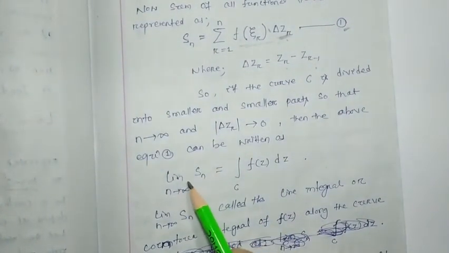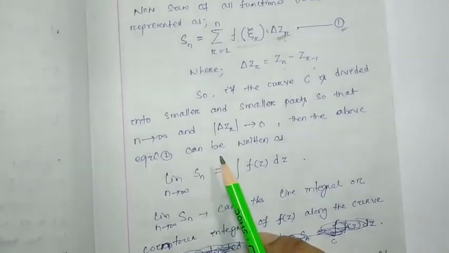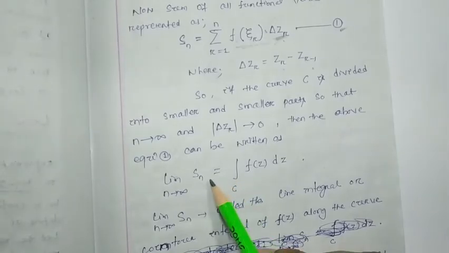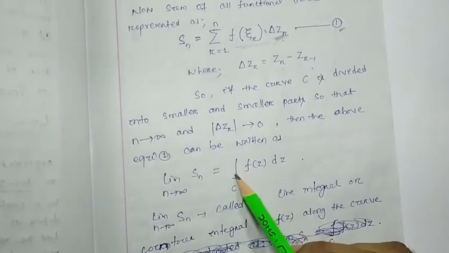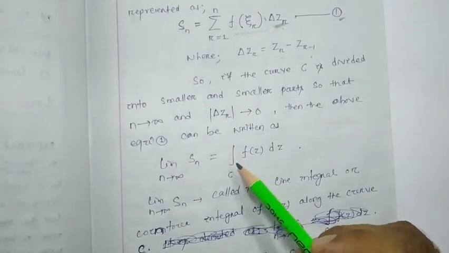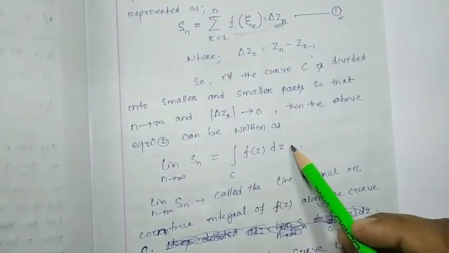So the sum of all the functional values at each and every point will be, instead of summation, we have to write integration over C of f(z) dz.